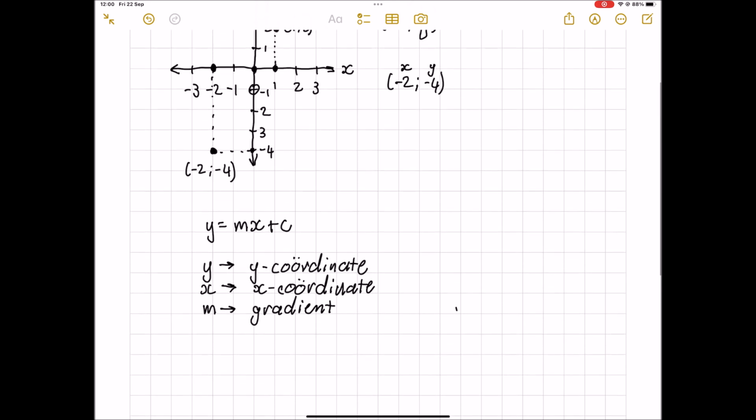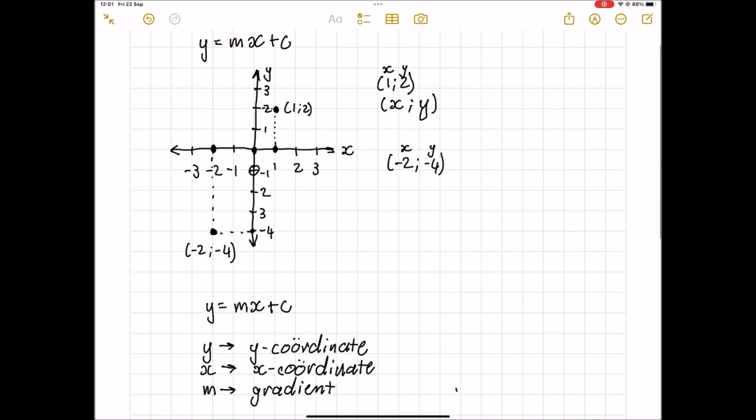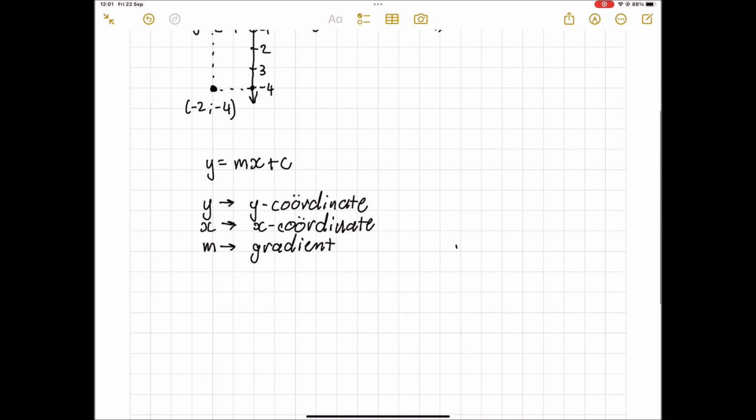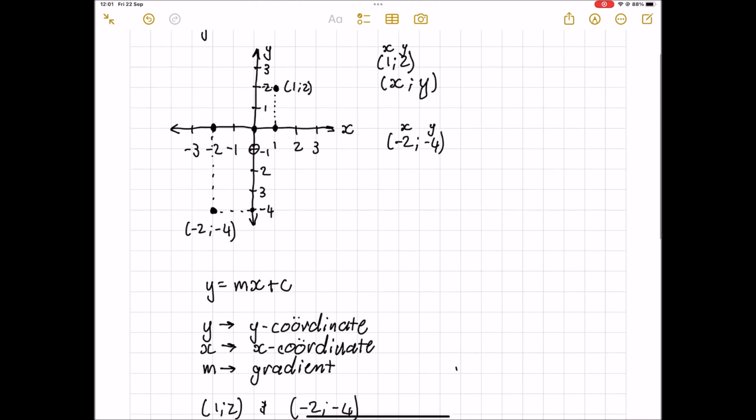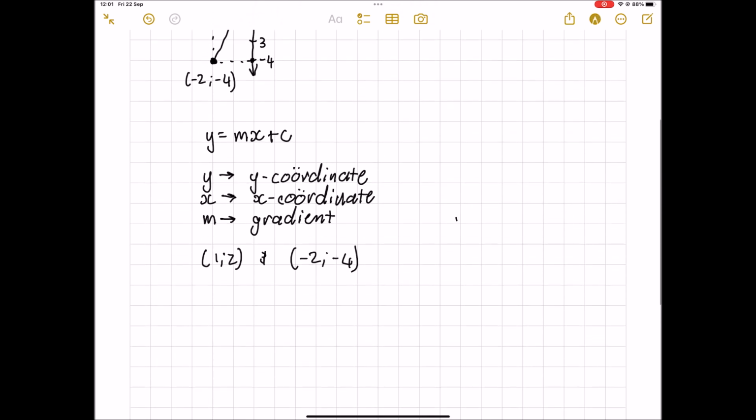So for example, let's take these 2 points that we have here, which we plotted, 1 and 2, and -2, -4. So let's say you want to find the gradient of these 2 points. So let's say that's the line.